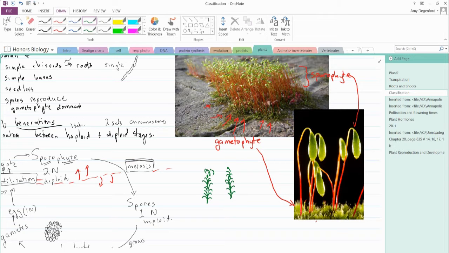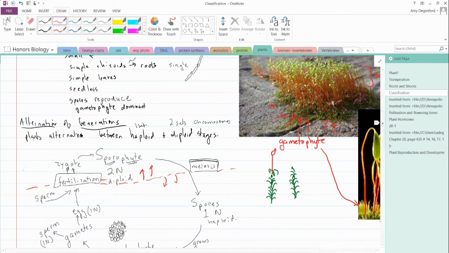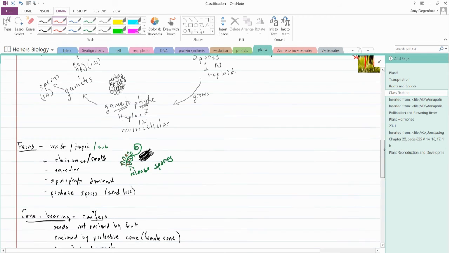So the water is going to be really important. And once the fertilization occurs, then you'd have the sporophyte growing out and then forming this little sporangium that's going to release the spores. So what's growing inside of here are the spores that will then be released to then grow into more gametophytes. So there's your one foray into the alternation of generations.